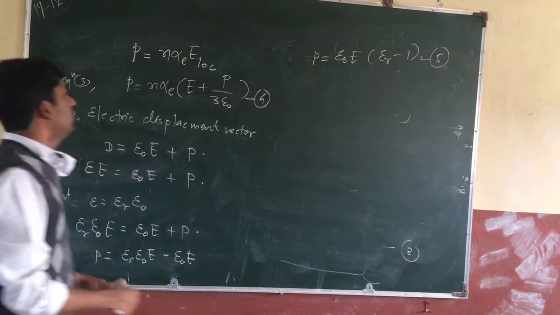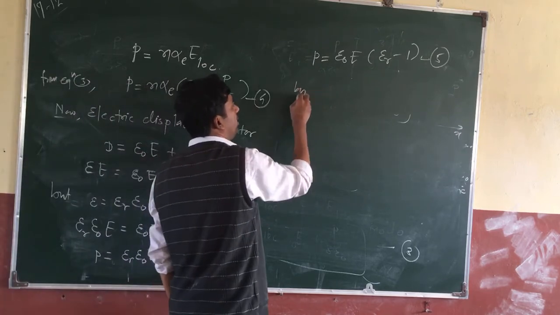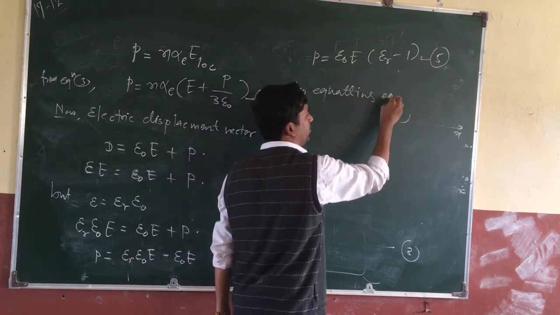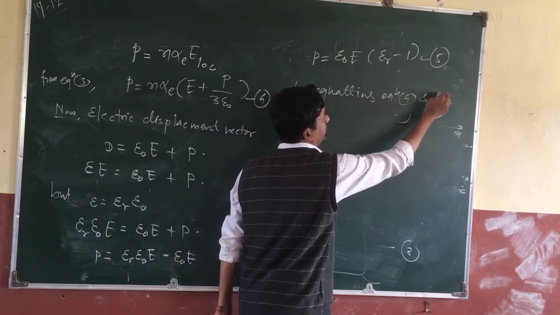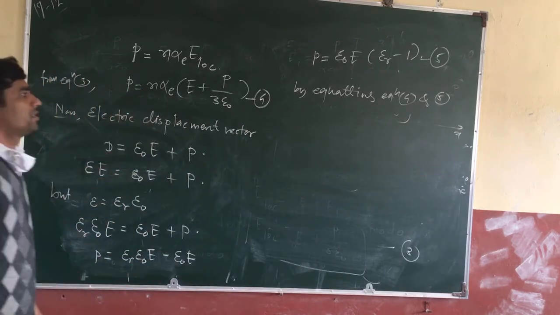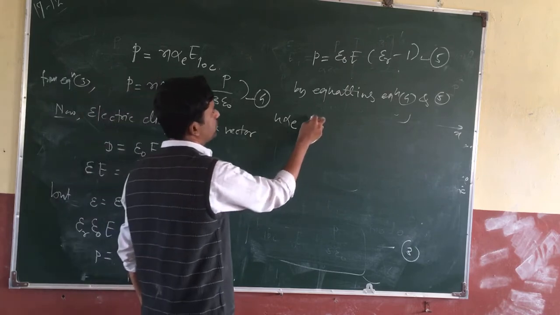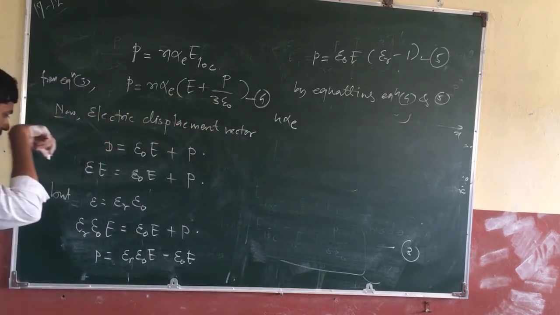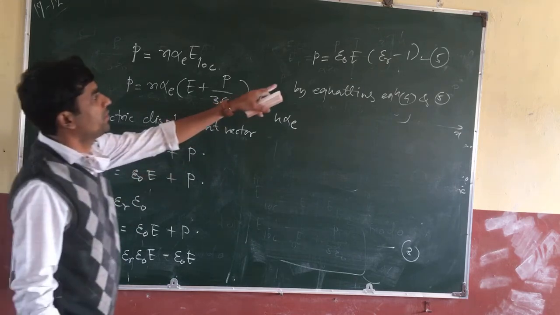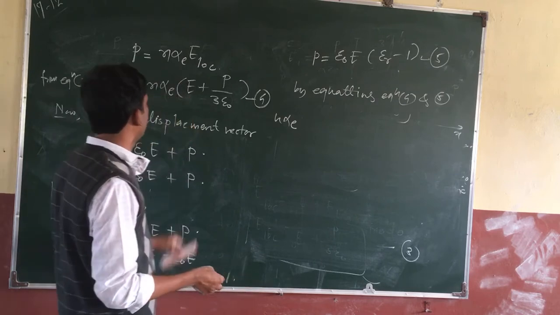By equating equation number 4 and equation number 5, you will get this equation, that is N alpha E is equal to the expression, and from this equation you will get the value of E also.